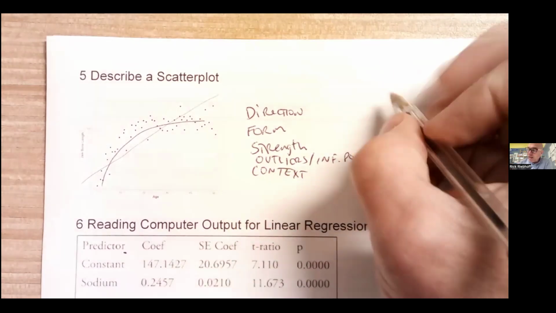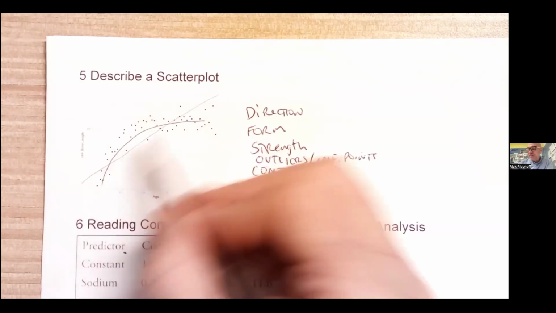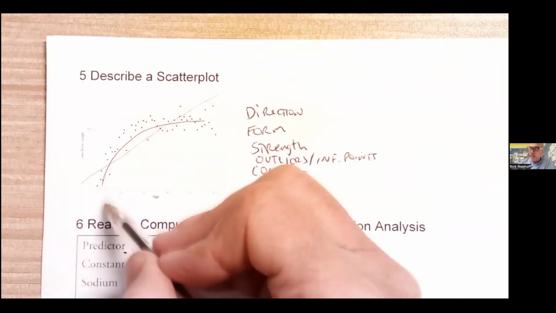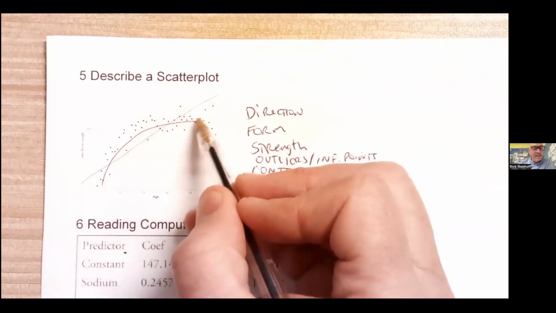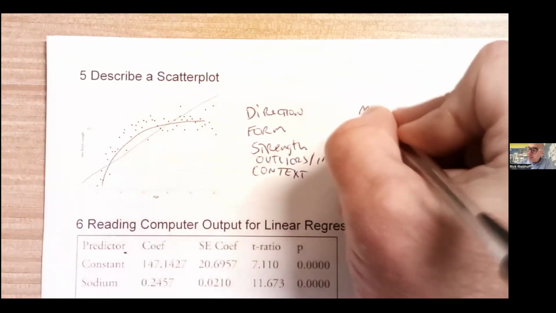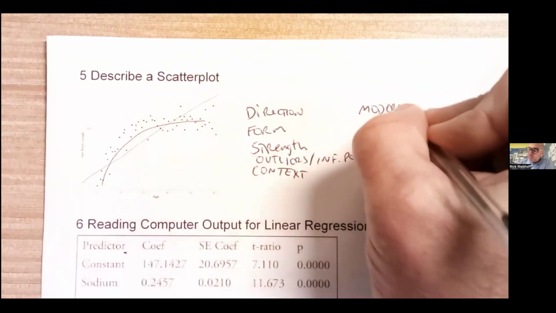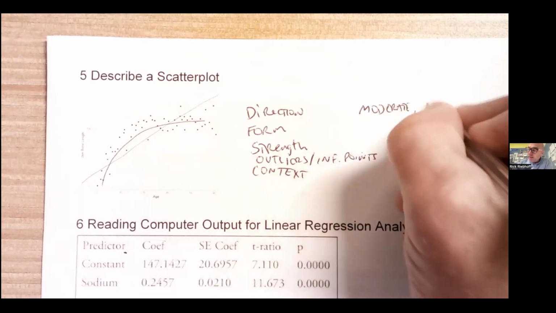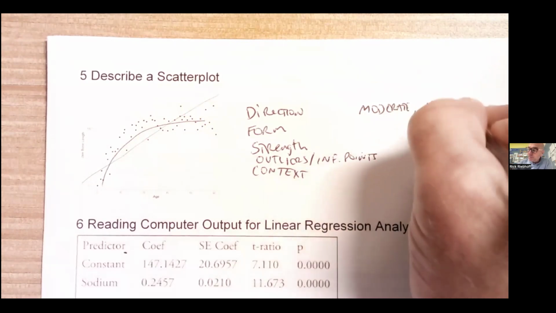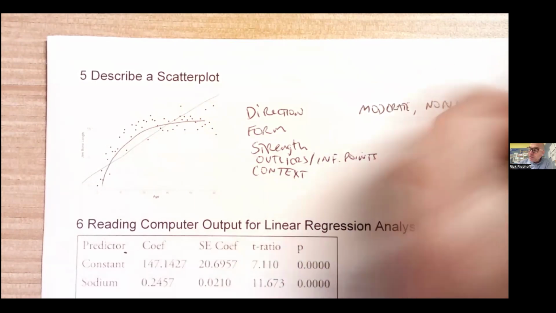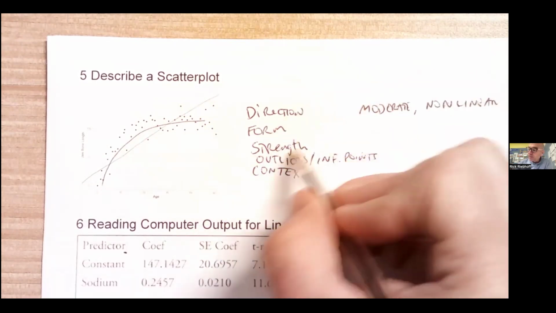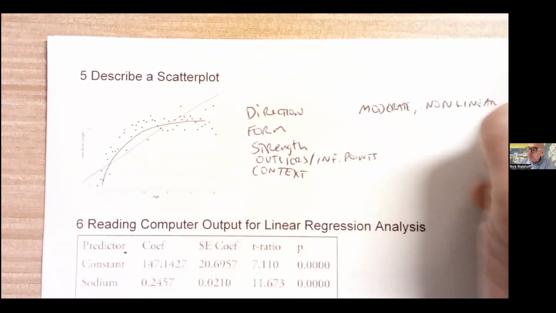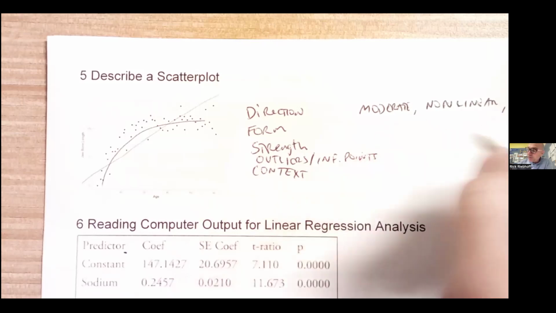So this is, I would say, if we look at it as non-linear, I'd say it's a moderate non-linear. So there's my strength. I got my strength, form, positive relationship.